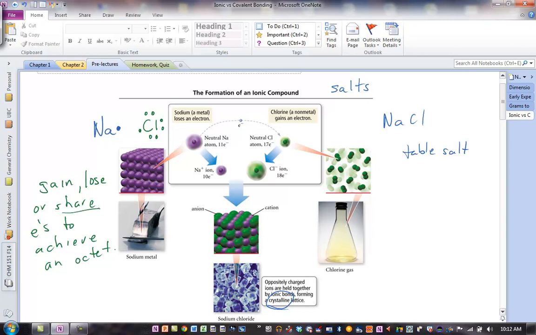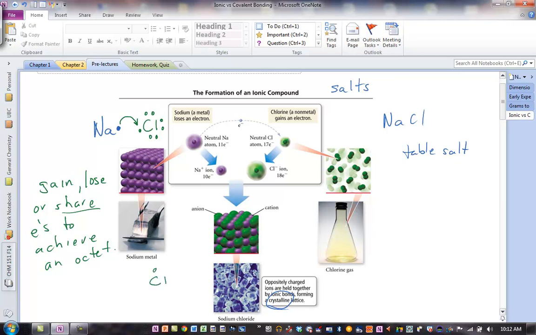So you can envision what happens here if sodium transfers that one electron to chlorine. Chlorine will certainly now have 8 electrons, an octet. Right? And once chlorine gains that electron, I didn't leave myself enough room here, so I'm going to go down to the bottom.